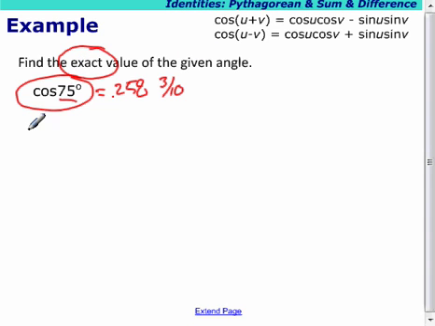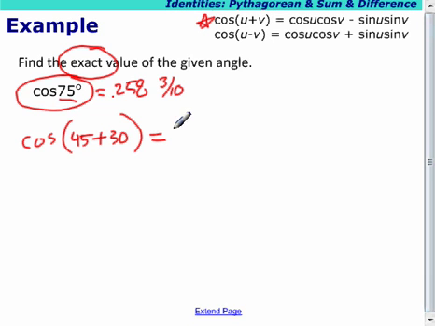Well, I look at 75 and I say, 75 could be expressed as the sum of two angles, 45 and 30. 45 and 30 gives me 75. Now notice that this is set up as a sum of angles, so I can use this identity that I've written right up here.